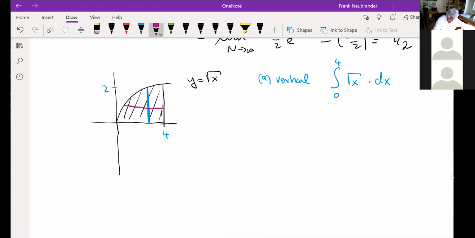Now I take a horizontal slice. So that means I fix here a y. And whenever I do horizontal, everything has to be in terms of y. So if y is equal to square root of x, then x is equal to y squared.